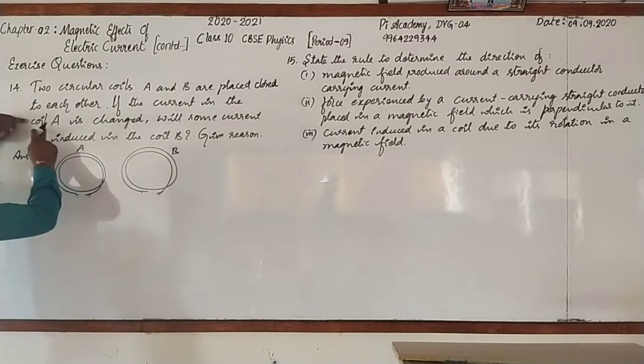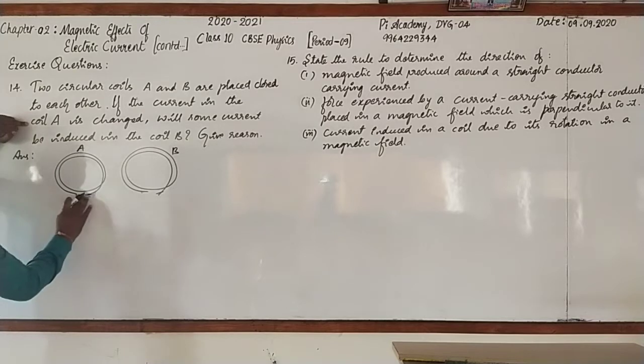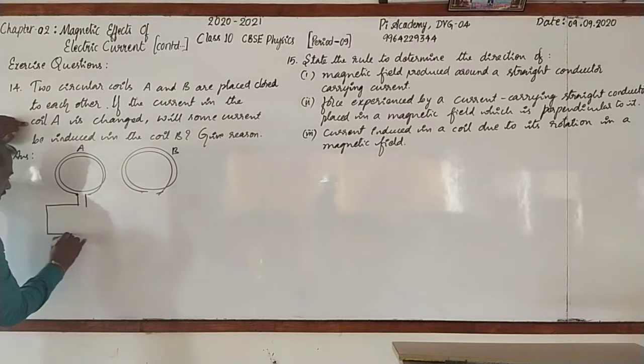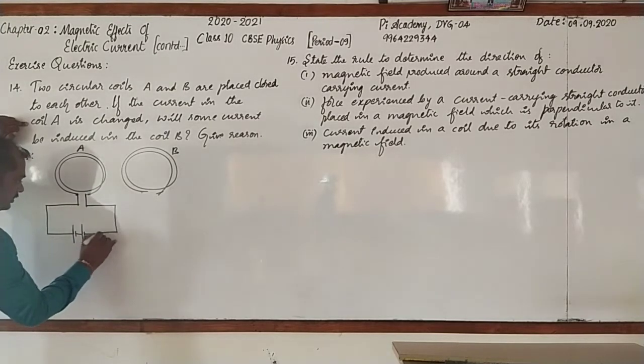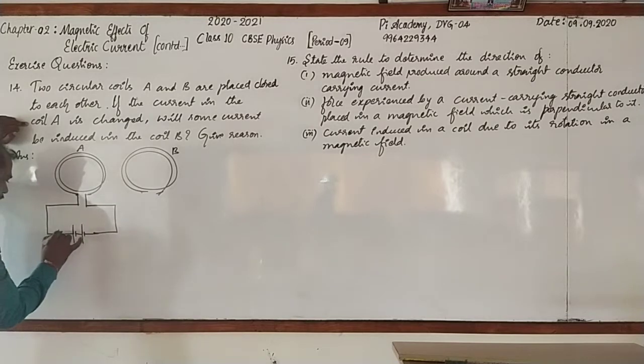If the current in the coil A is changed, therefore the free ends of coil A should be connected to terminals of a battery along with the switch. Let me show the switch here, and this is the positive terminal and this is the negative terminal.